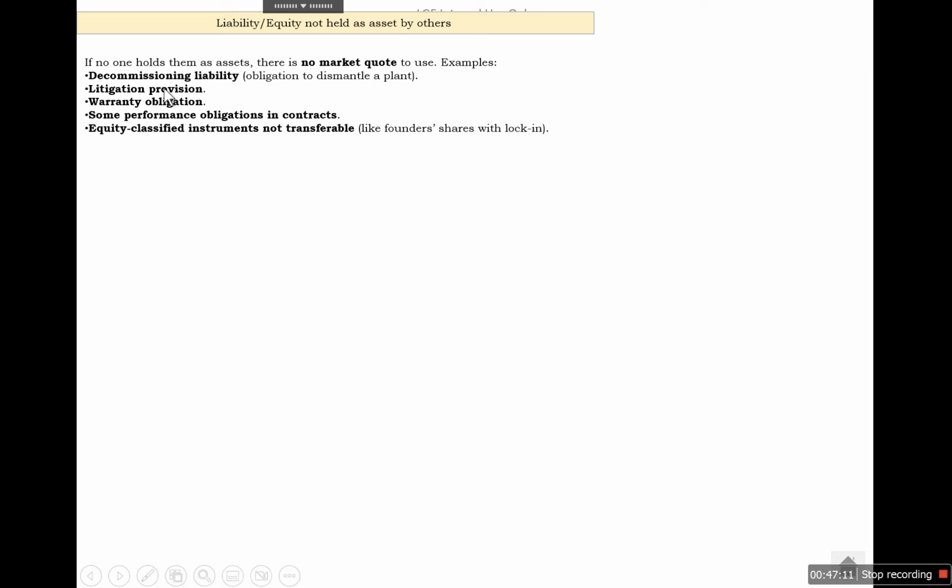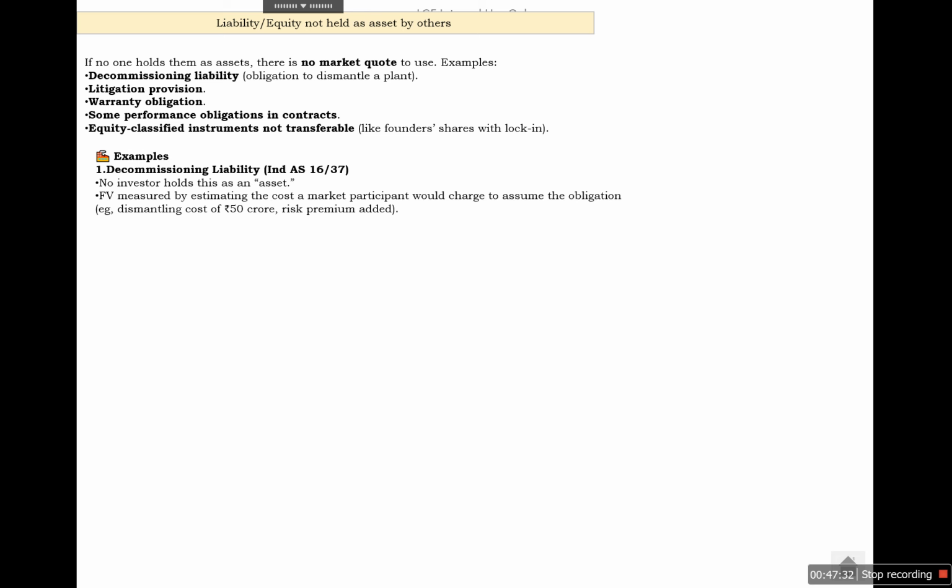For example, if no one holds them as an asset, there is no market quote. Examples are decommissioning liability, litigation provision, warranty provision, some performance obligations in contracts, or equity classified instruments. These are not traded; these are instruments that do not have a market. So we need to find out what price we would need to pay for these instruments.